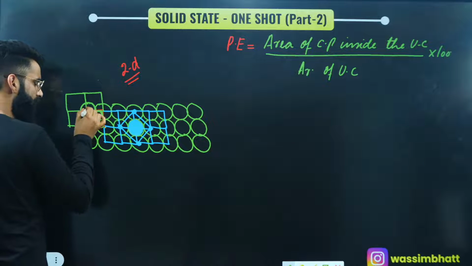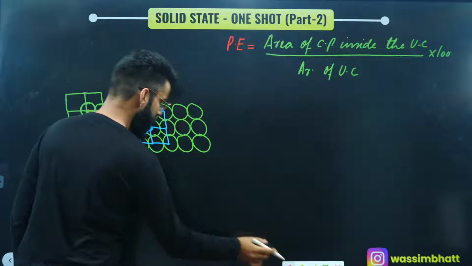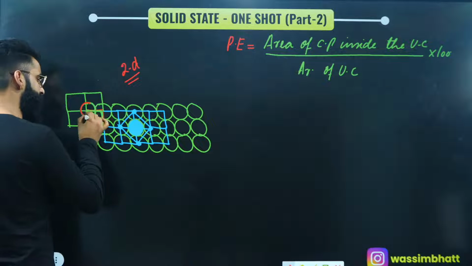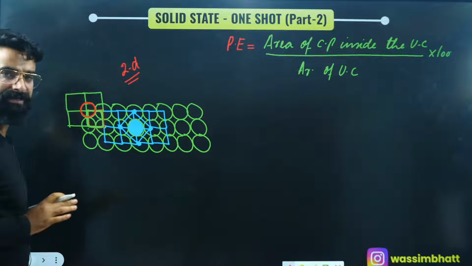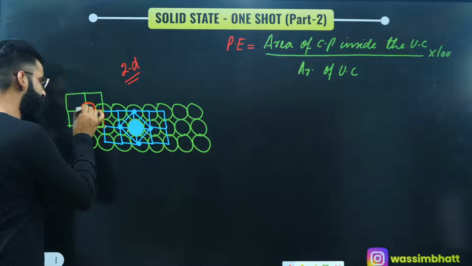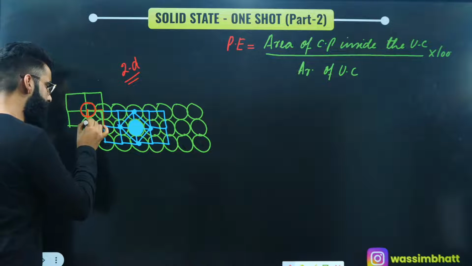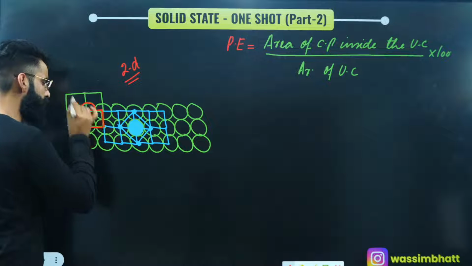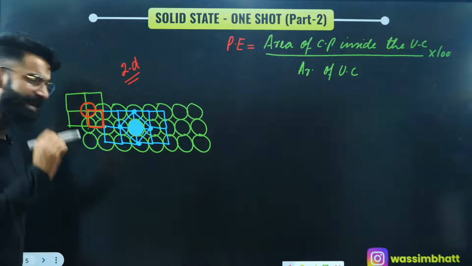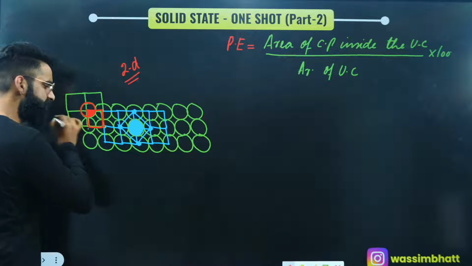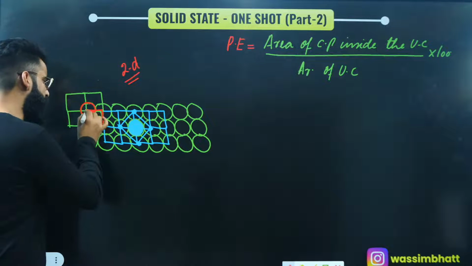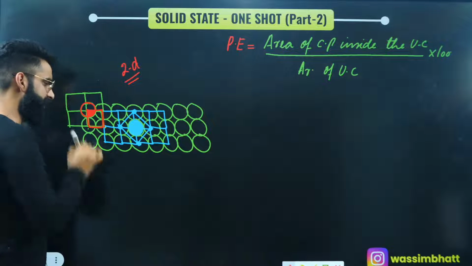So the contribution of this constituent particle towards my unit cell is going to be 1/4. Or can I say 1/4 of the area of this constituent particle will be inside the square? Absolutely.